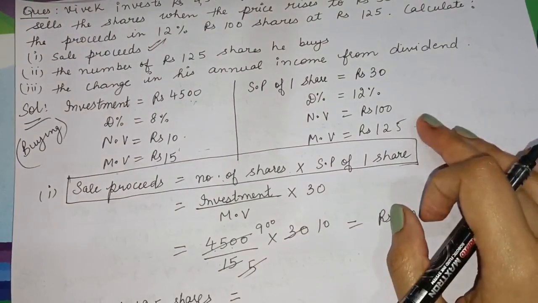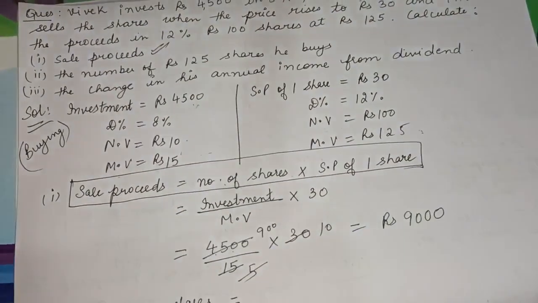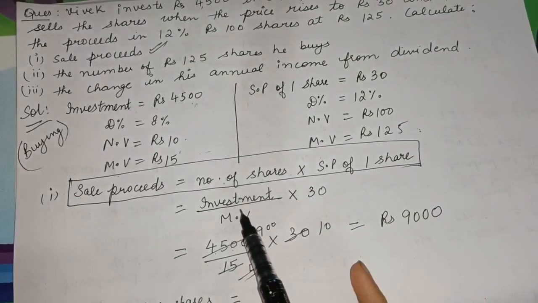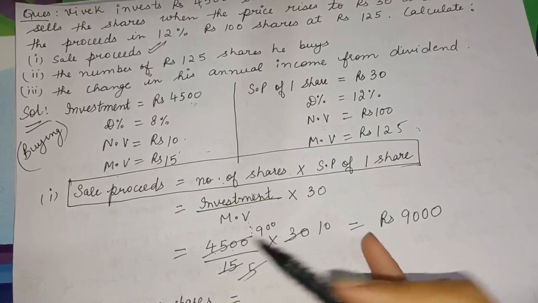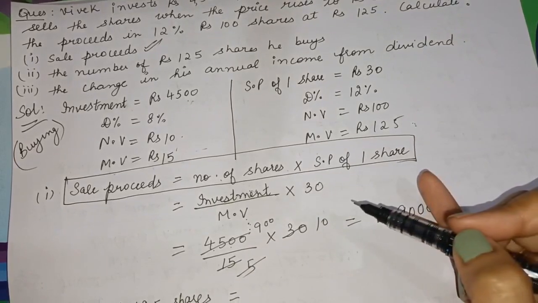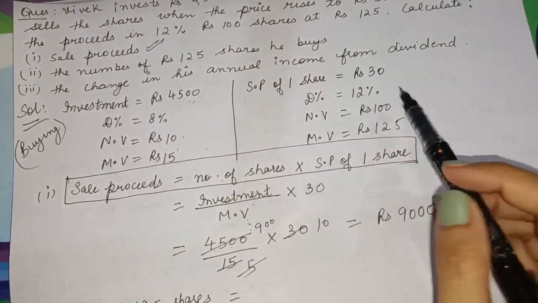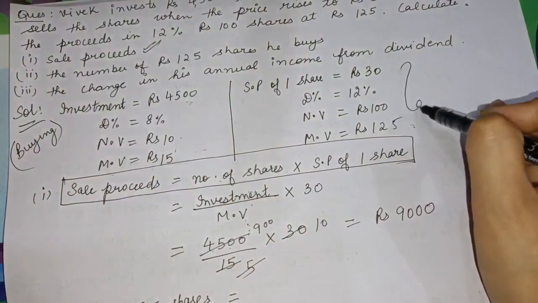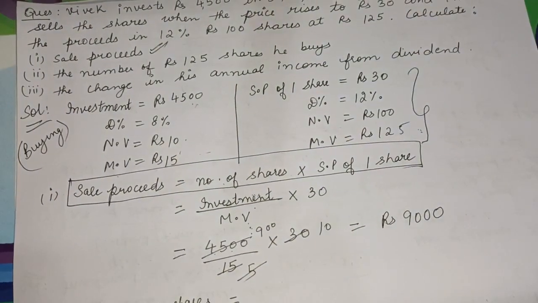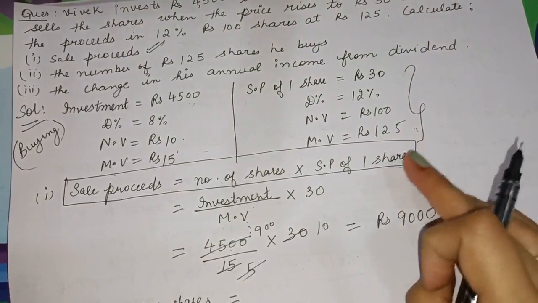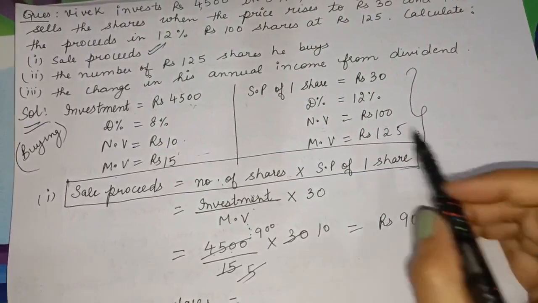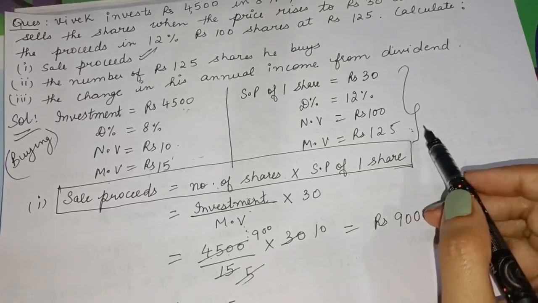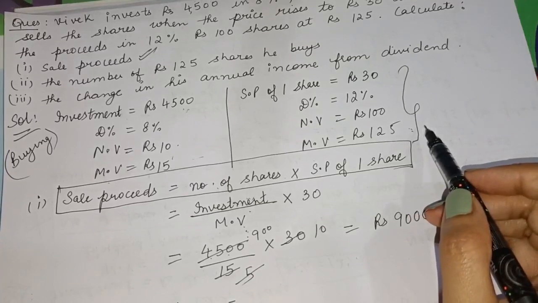Here we have to understand what the investment is, because for finding the number of shares, investment by MB is the formula, or dividend by dividend on one share. So whatever is invested here, divided by 125, we will get the number of shares.